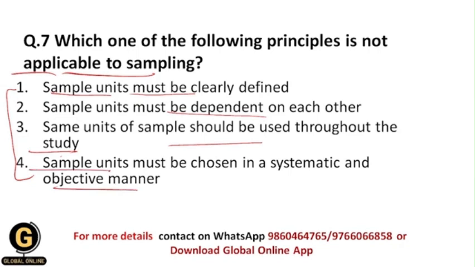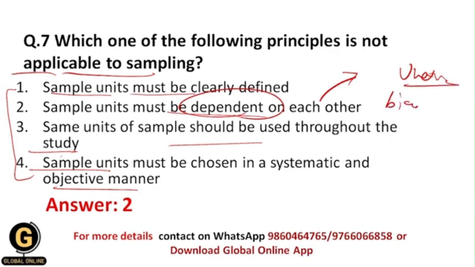Your correct answer should be 2, because sample units must not be dependent on each other. When sample units are dependent on each other, then that sampling technique would be unethical, and it would be biased. That's why this is the principle which is not applicable to sampling.